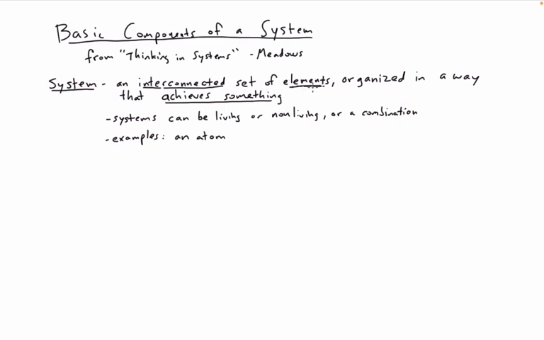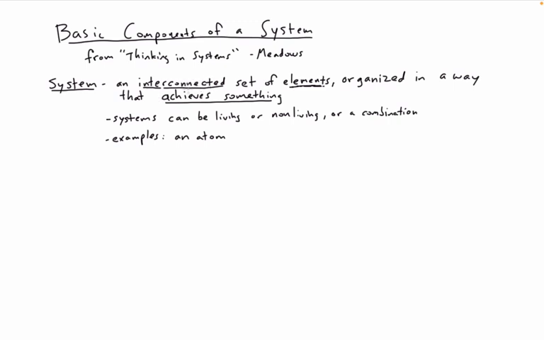An atom is composed of subatomic particles. So it's made up of some elements: protons, neutrons, electrons, and they're interconnected, right? The laws of physics control the attraction of the positive and the negative.